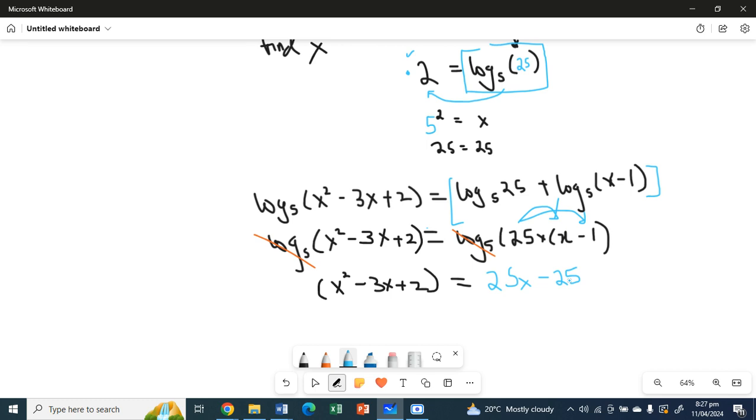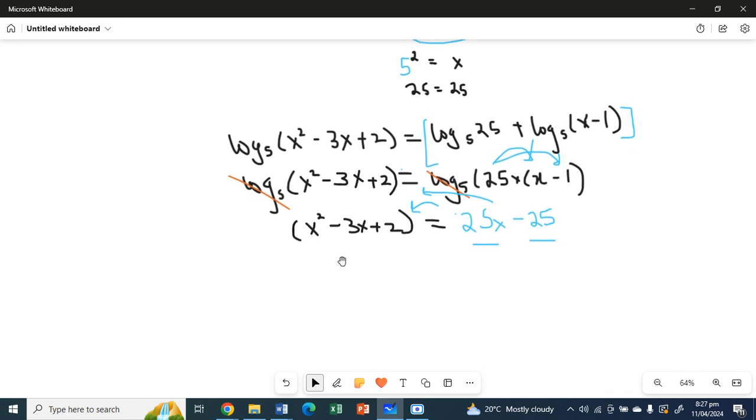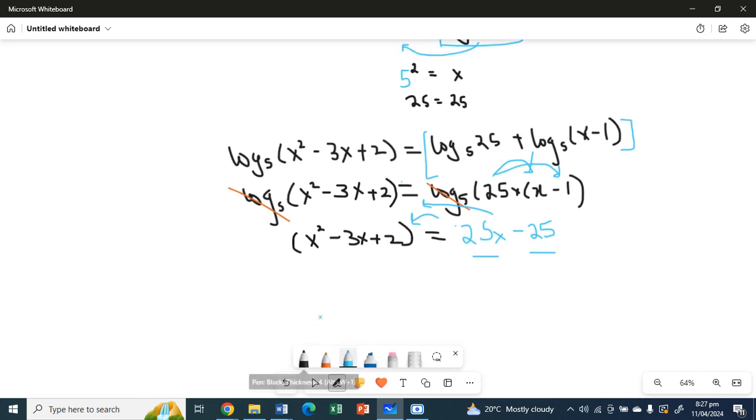So the next thing that we need to do, we bring all the terms on one side so that we can have a quadratic equation, and then we can solve that quadratic equation. So in this case, this 25x and this negative 25, we're going to take them over the equal sign to the left-hand side. So you're going to have x squared minus 3x.